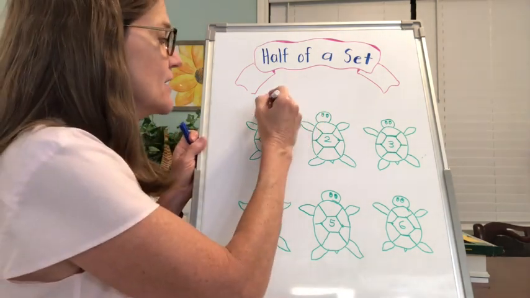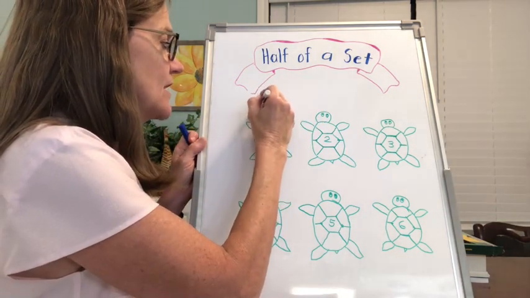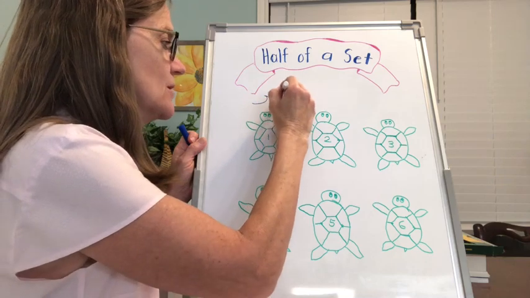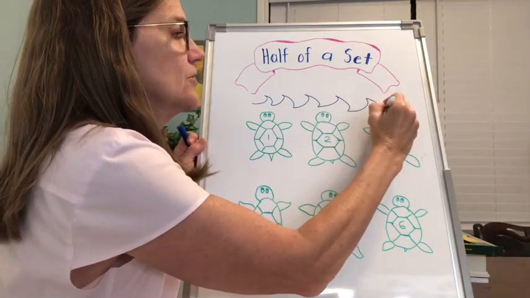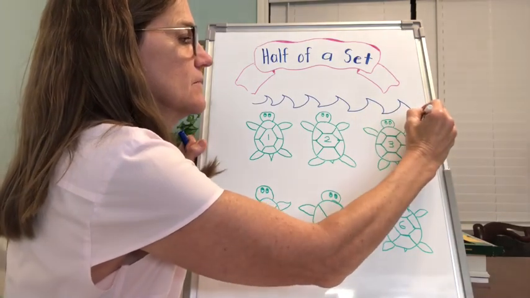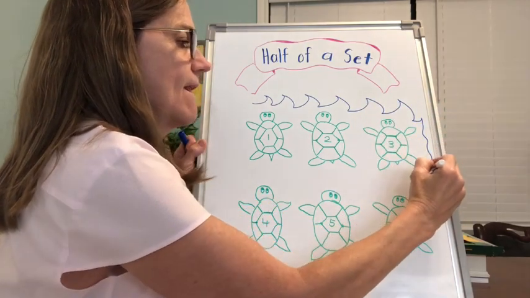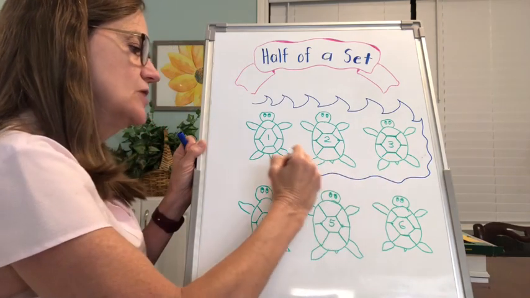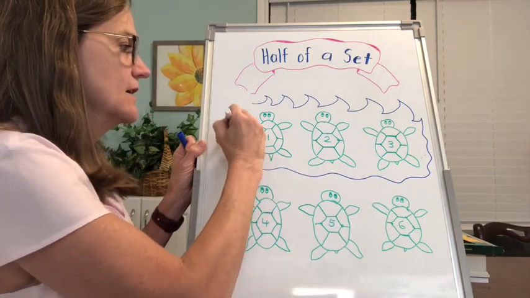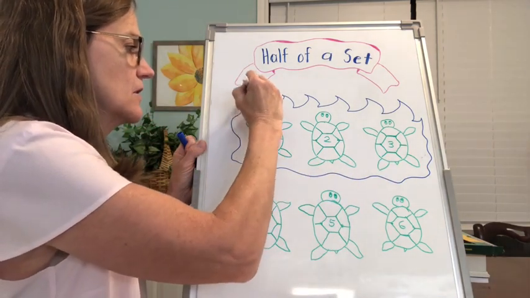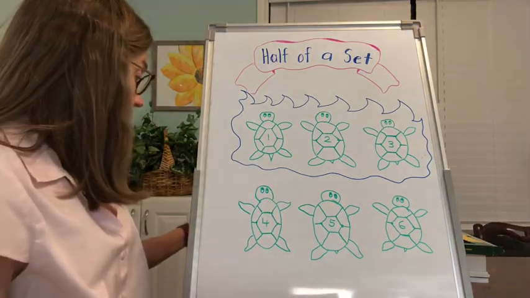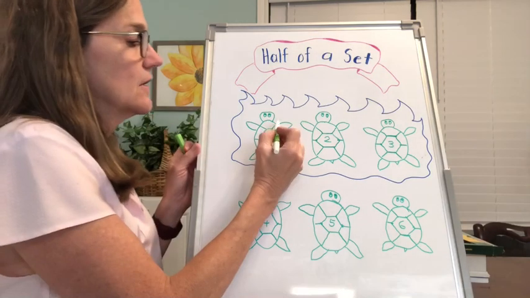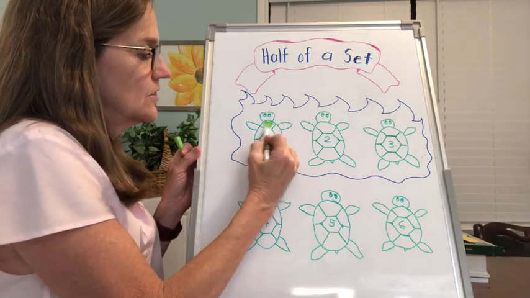I think instead of circling them, I'm gonna make some ocean waves around them. And then maybe just a jiggy jaggy beach floor line. Okay, and then I'm gonna color these 6 turtles.